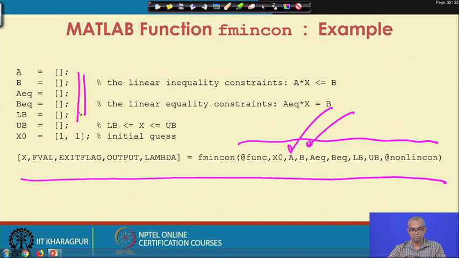Now you write this statement on the MATLAB command mode and press enter, or you can create a script file, M file, write this statement there and then run that M file.